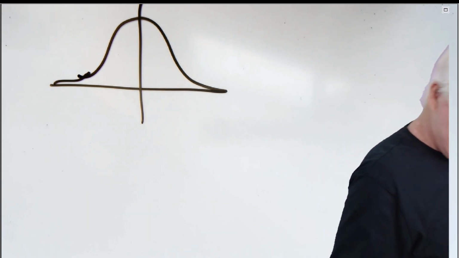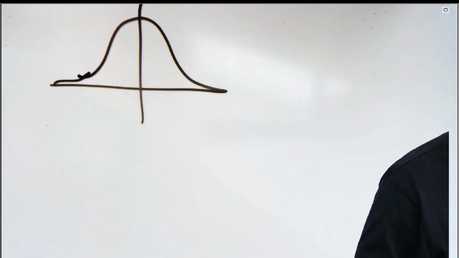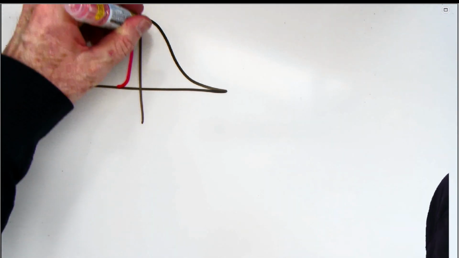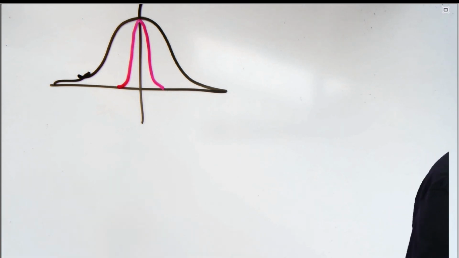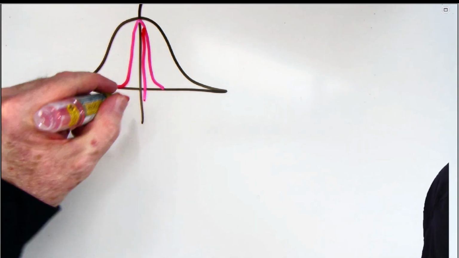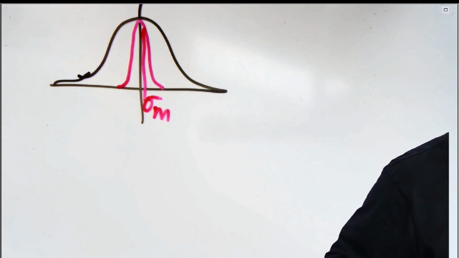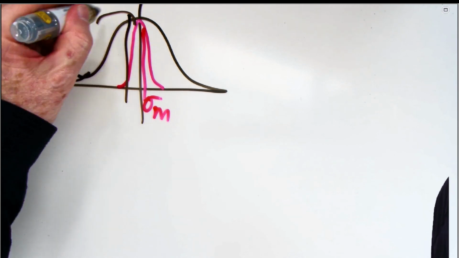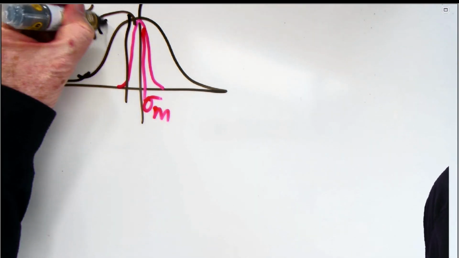And then within this, you already know this, we've talked about this earlier, we have this other distribution, which is sigma of the measurement system. So there we go, we have sigma of the measurement system, and we also have sigma of the process. Sigma of the process, not the parts, but of the process.